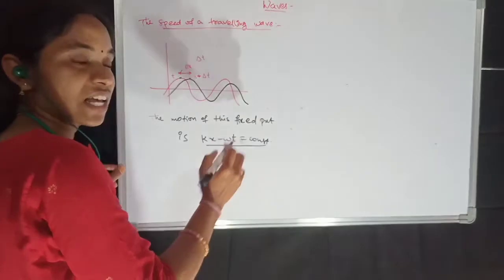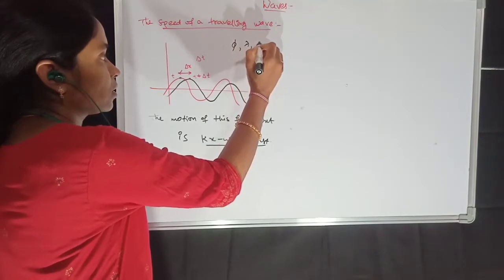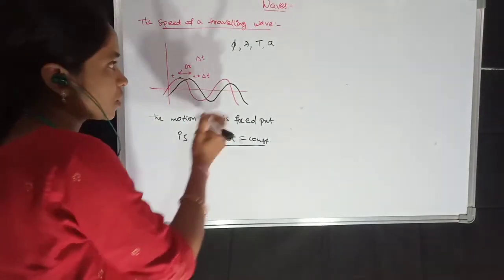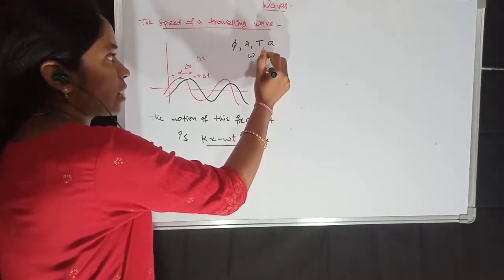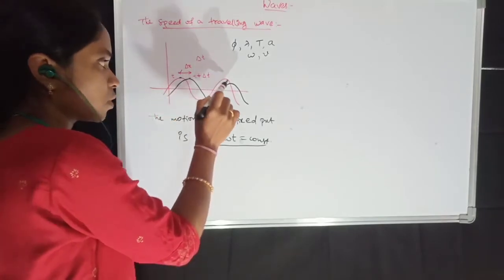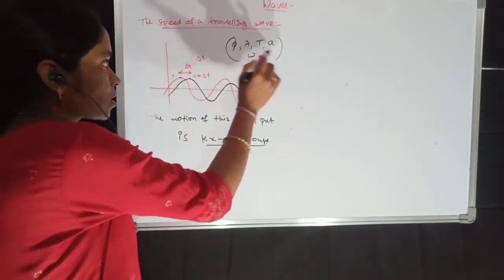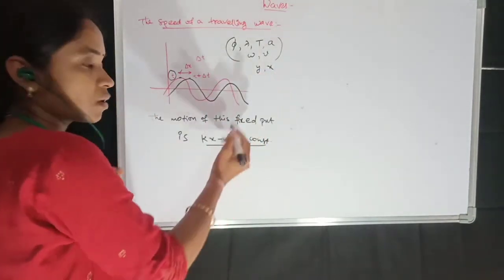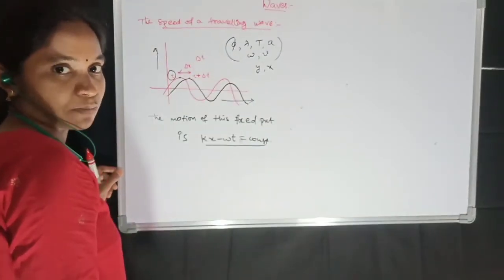I already explained in our last class that the constants are phase, wavelength lambda, time period T, and amplitude, along with frequency, angular frequency, and linear frequency. As the wave moves forward, all these constants are fixed with respect to time, and the variables are y and x. On the y-axis we have the particle displacement, and on the x-axis we have the wave displacement.